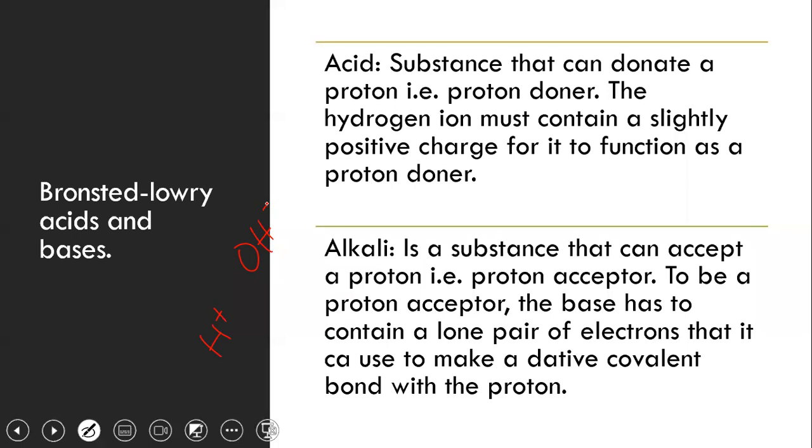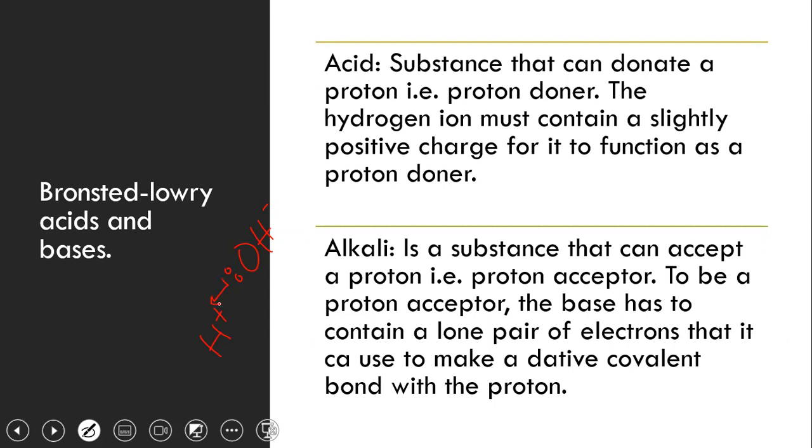It is a base, and it can accept a proton, it can bind with a proton. So how does it do that? It has a lone pair of electrons. Because it has a lone pair of electrons, it can make a dative covalent bond with the proton, and that is how it is able to act as a proton acceptor.